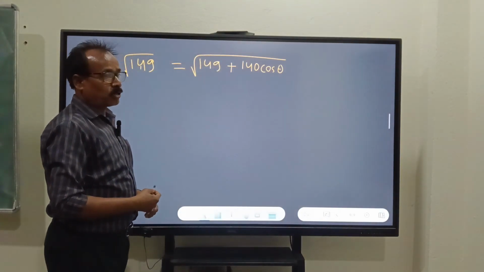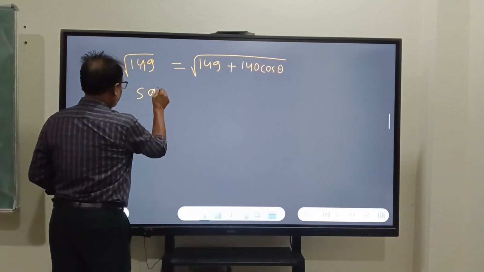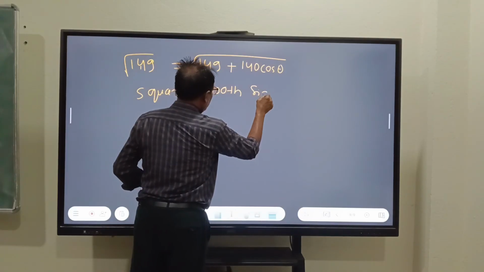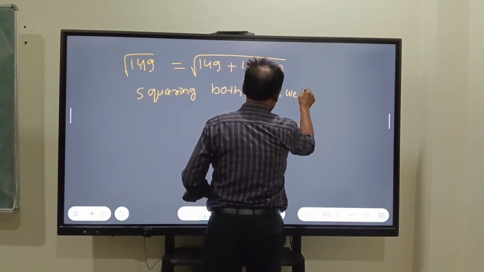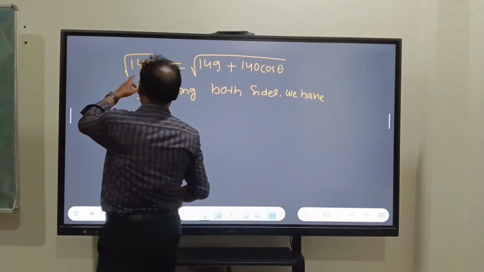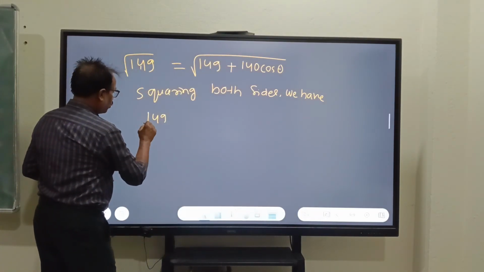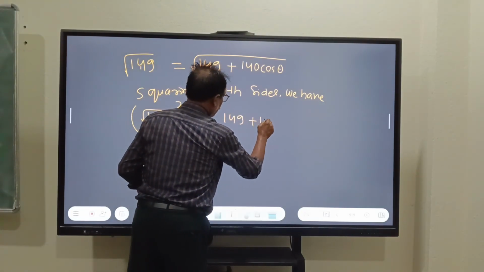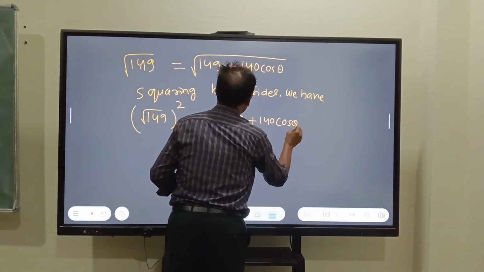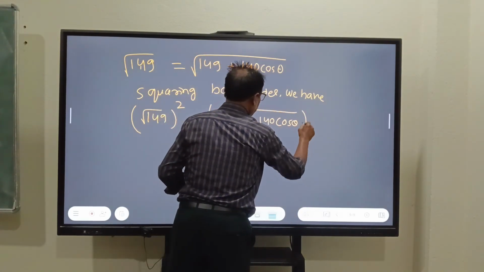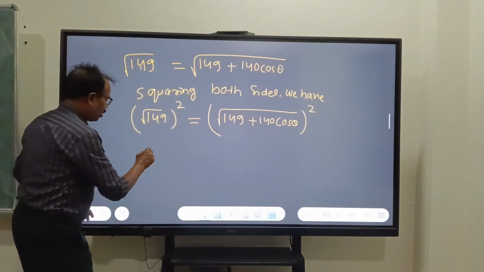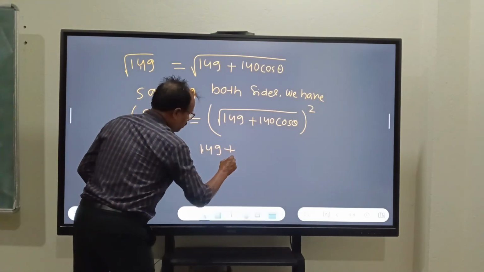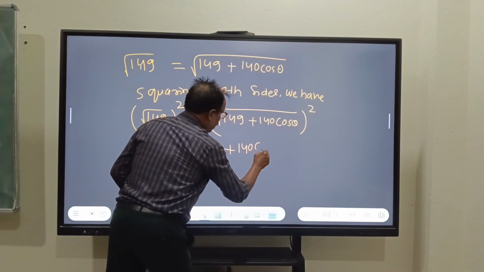Then squaring both sides, we have (root over 149) square is equal to (root over of 149 plus 140 cos theta) square, that is 149 is equal to 149 plus 140 cos theta.